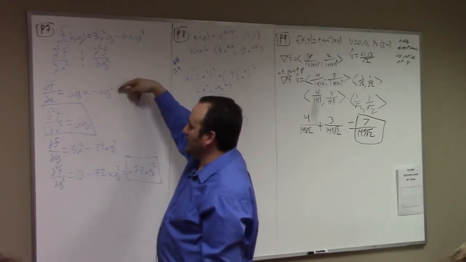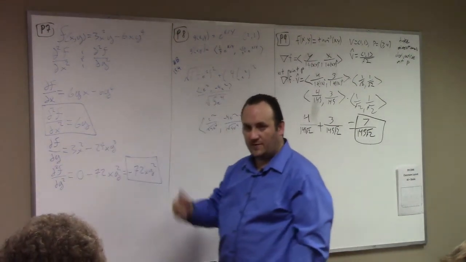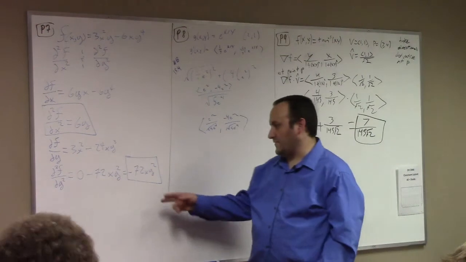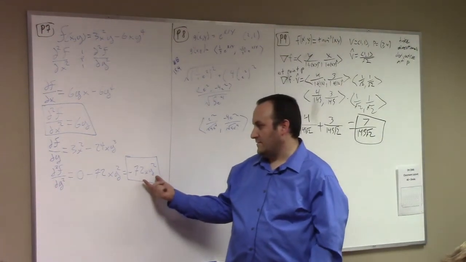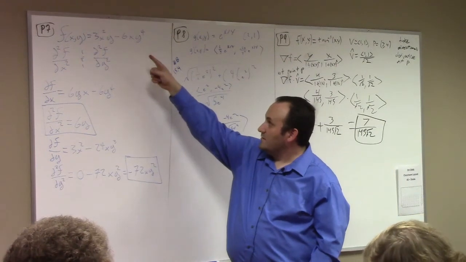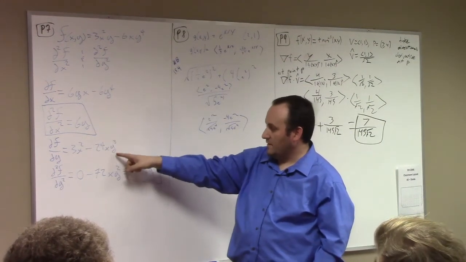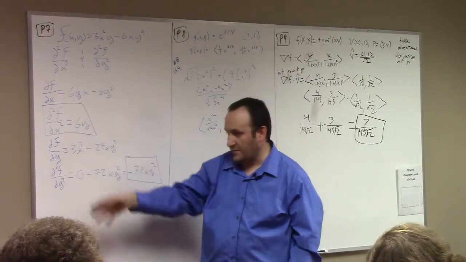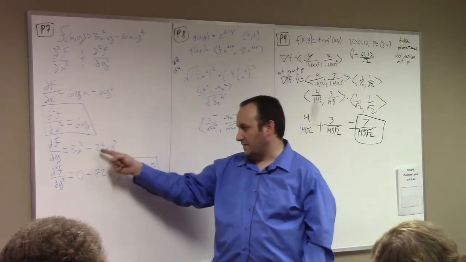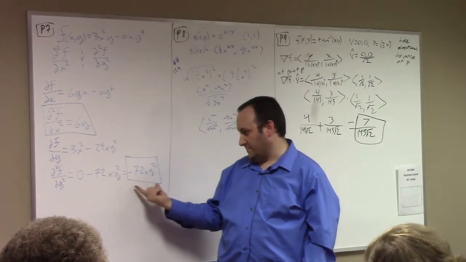The second derivative with respect to x kills off the second piece and just leaves us 6y. Very good. And the second partial derivative with respect to y, well, the first one does what? It drops us down to 3x squared minus 24xy cubed. The second derivative with respect to y kills off the 3x squared term and leaves us with 3 times 24, which is 72, xy squared, and there you go.